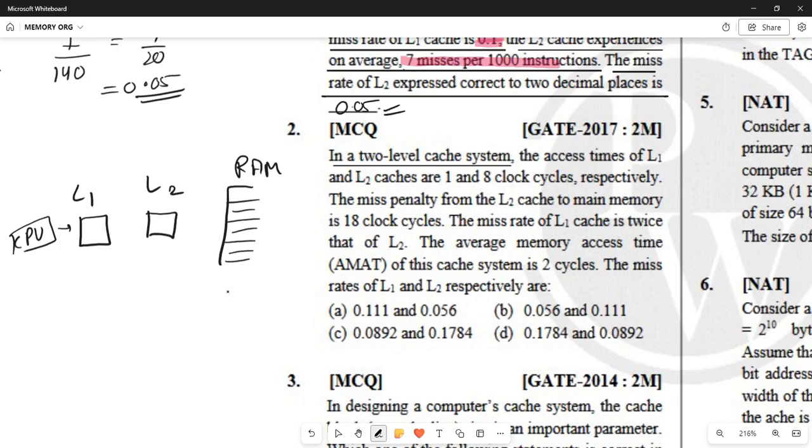The access time of L1 is 1 clock cycle and the access time of L2 is 8 clock cycles respectively. The miss penalty of L2 cache to main memory is 18 clock cycles.